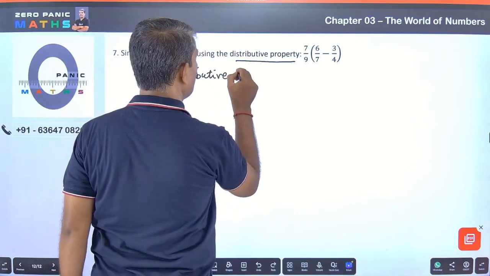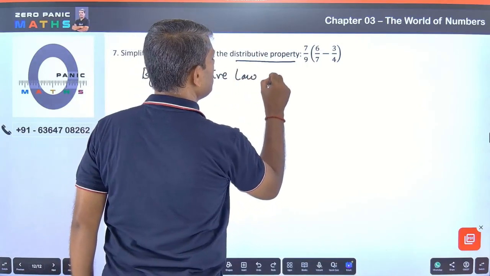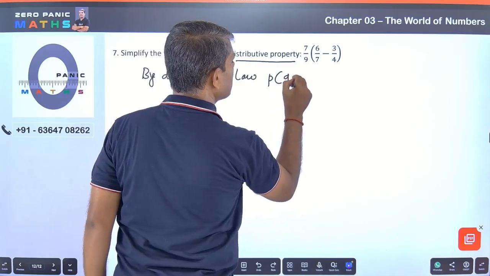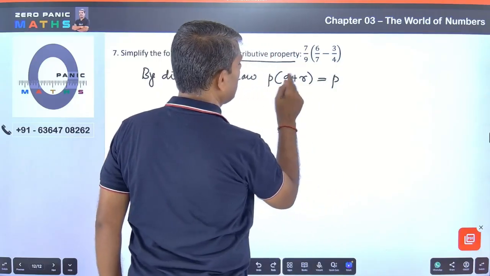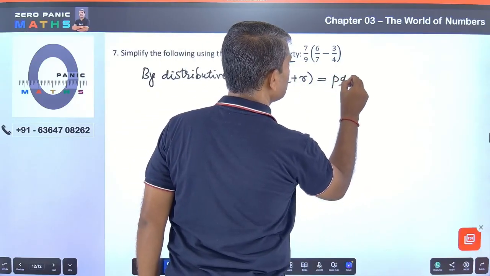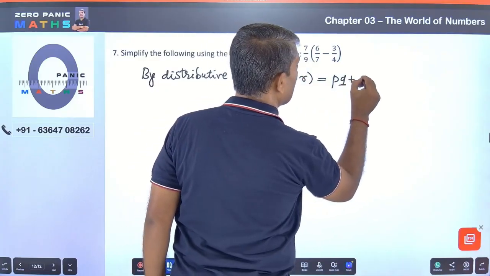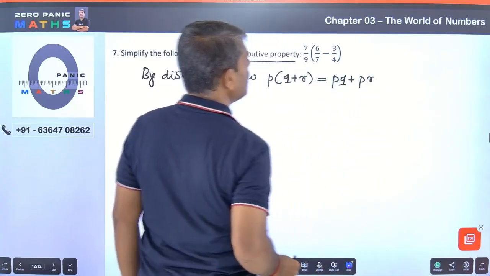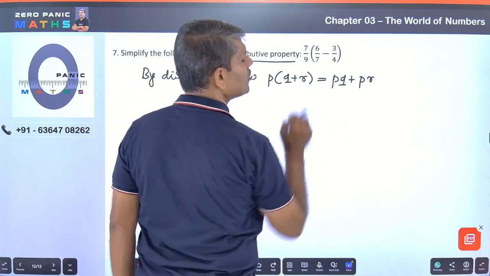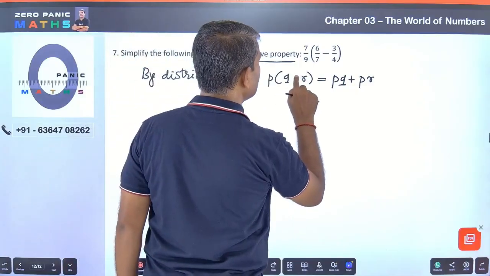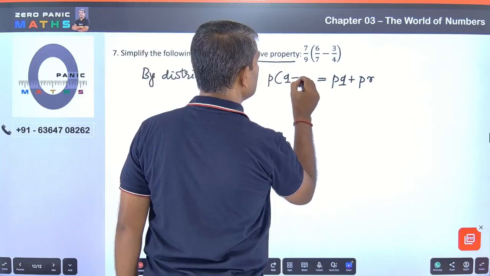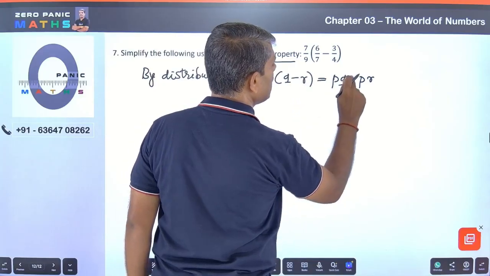So simply by distributive law, or distributive property, as they are saying, P multiplied by Q plus R is equal to P multiplied to Q plus P multiplied by R also. Or since it is actually minus they have taken here, I can apply this as minus also, because the distributive law applies with minus also.